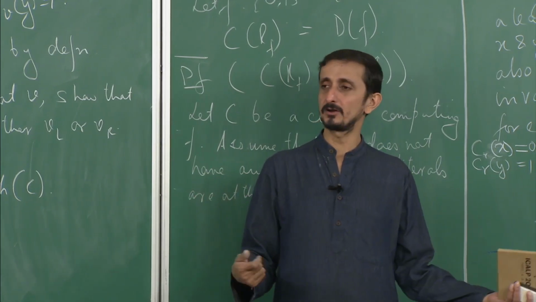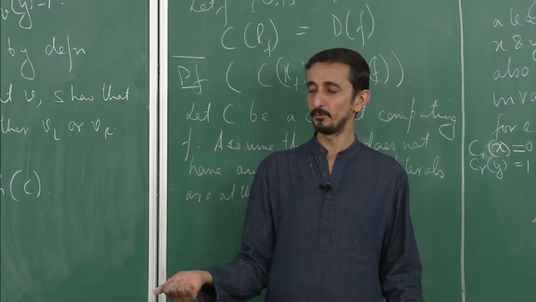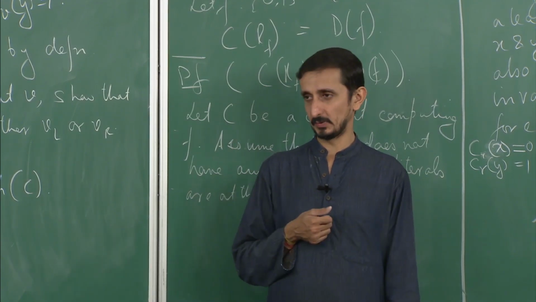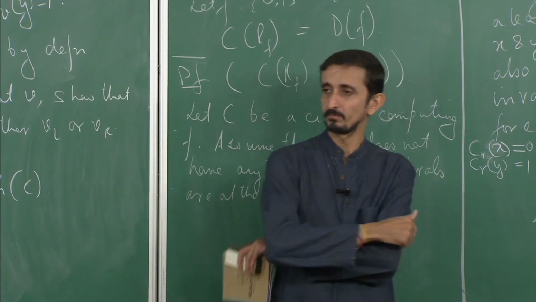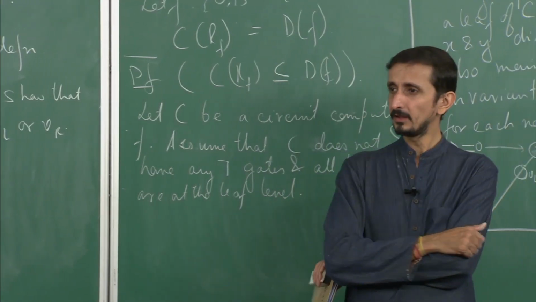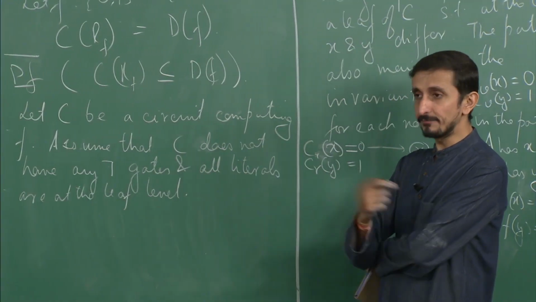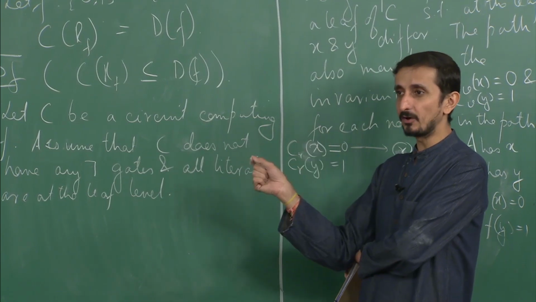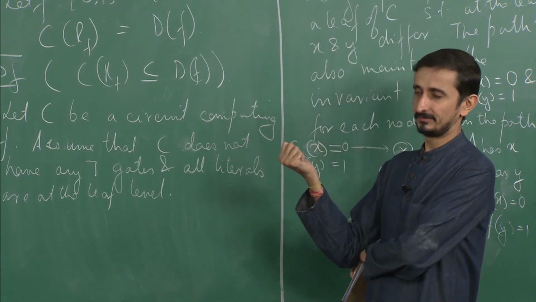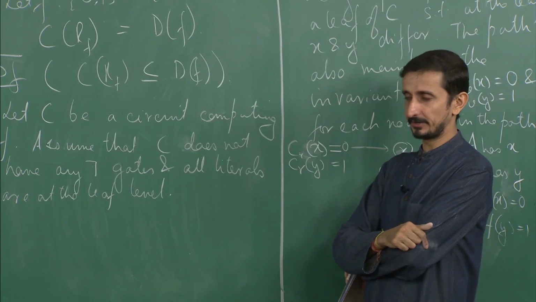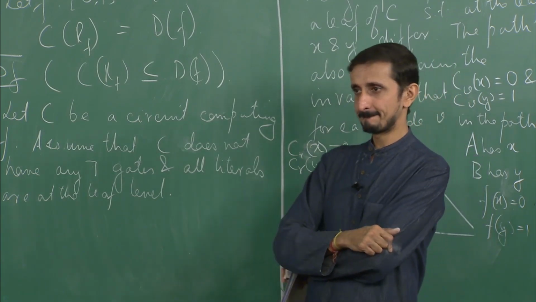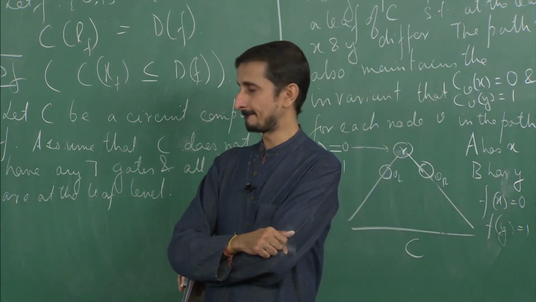Alice has one part of the input, Bob has another part, and they want to compute f of x, y. Here, f of x, y is the index i on which x and y differ. So we are defining f in that particular manner.